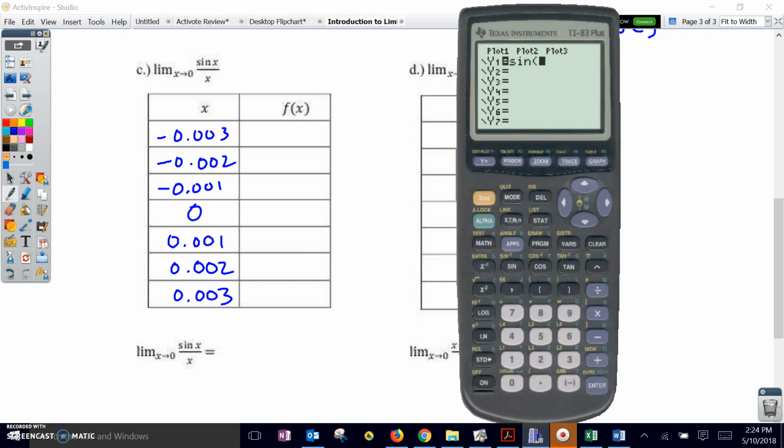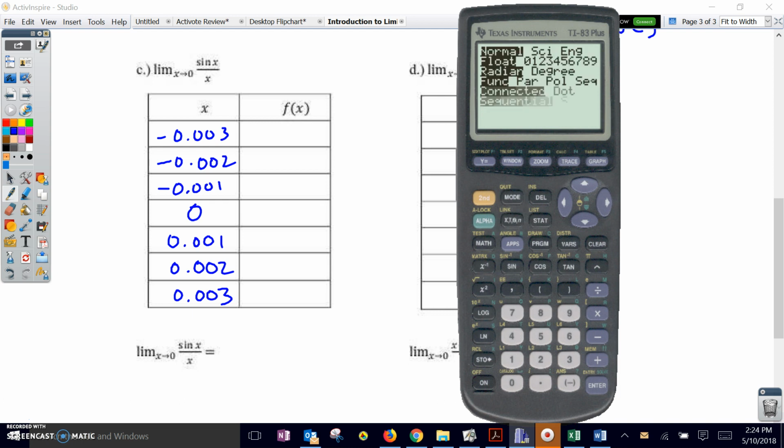So I got sine of x over x. And I'm just going to verify quickly that I'm in radian mode since I'm working with a trig function, and I am.